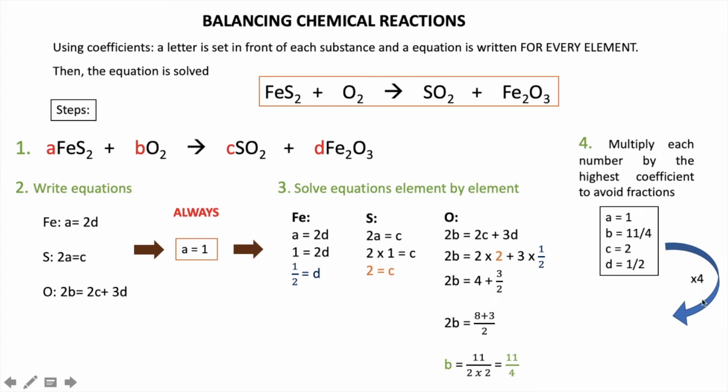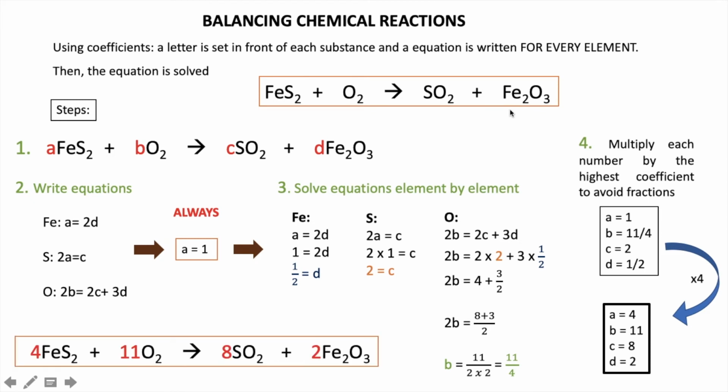So we multiply by 4 and we obtain new values. These values of A, B, C, and D we replace in our principal chemical equation, and now we have our chemical reaction balanced.